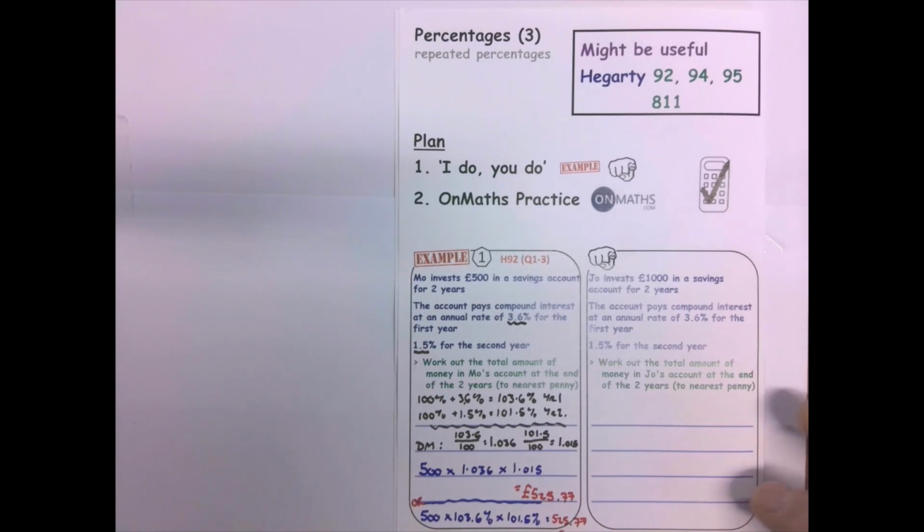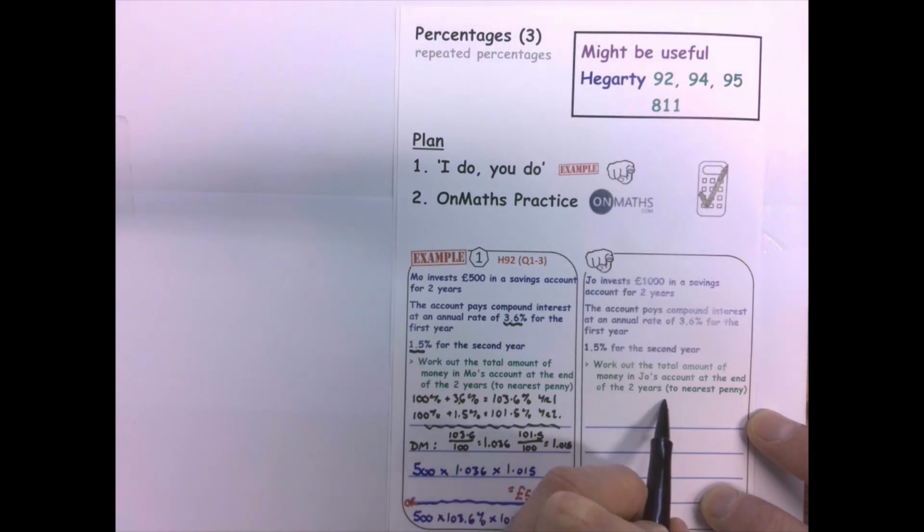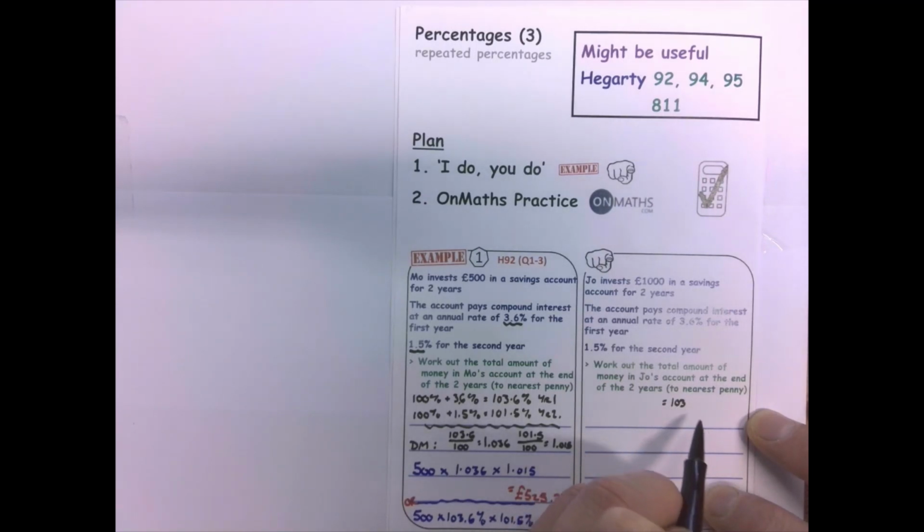Okay, so hopefully you've had a quick go at this. Let's have a look then. What we're saying is we are going to end up with 103.6% again, and 101.5% again.